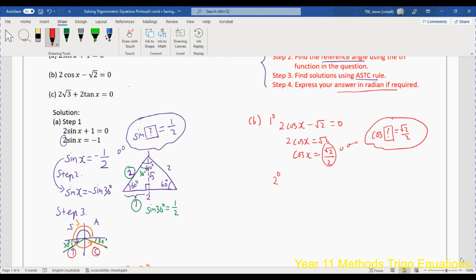Still remember the triangle here. Can we use this triangle? Can we see square root 2 there? We see 2 and square root 3, but no square root 2. That means we can't use that triangle.